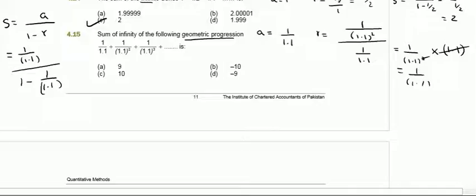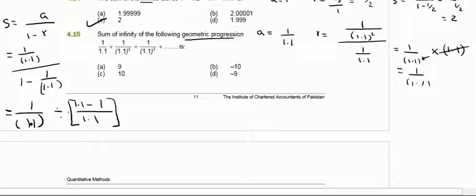And if we solve this, it will become 1 divided by 1.1 divided by 1.1 minus 1. I have actually done two steps together.